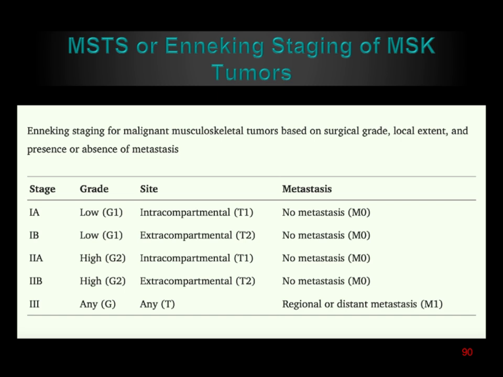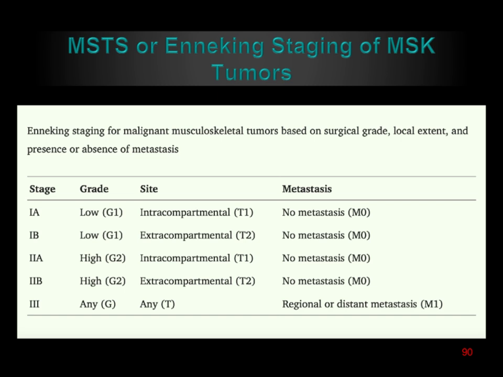Stage 1 is divided into A and B. Stage 2 is also divided into A and B. Stage 1 is for low grade cancers where the disease is intracompartmental in 1A with no metastasis, and it is extracompartmental in 1B with no metastasis. Stage 2 is for high grade cancers where in 2A it is intracompartmental with no metastasis, and in 2B it is extracompartmental with no metastasis.